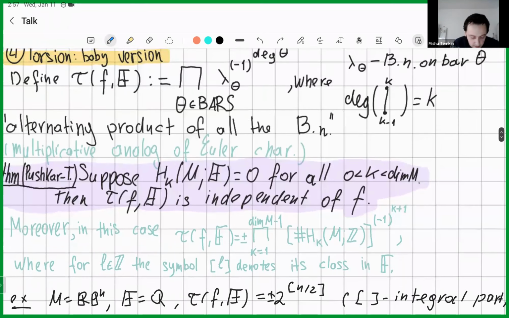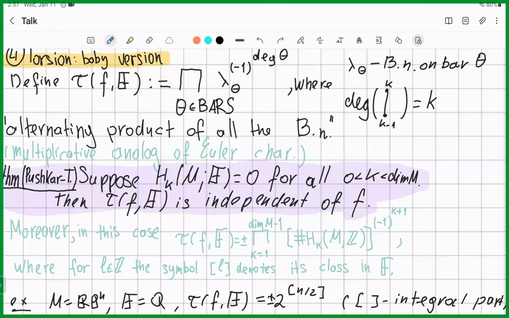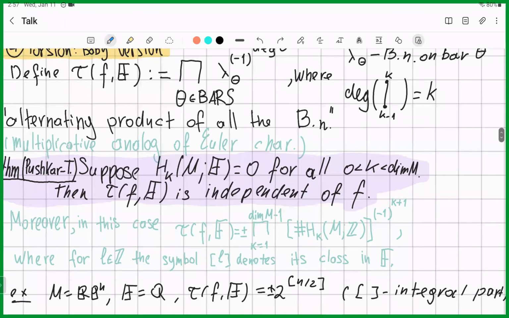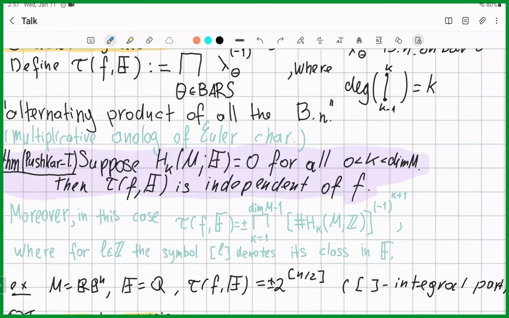Okay, so that was the end of the fourth part. Any questions? Here you have a really strong topological restriction on H_k being equal to 0, for all k between 0 and the dimension. Can you weaken this type of assumption and get something reasonable, or if you weaken it, it won't be reasonable at all?